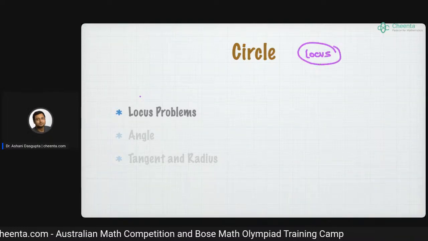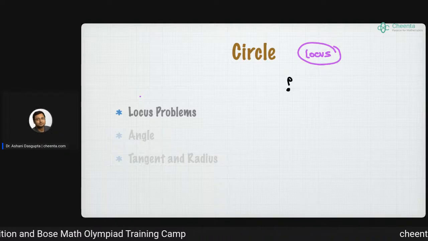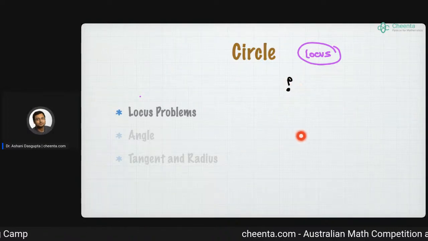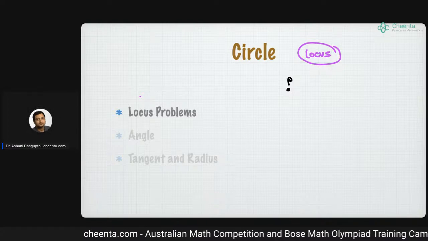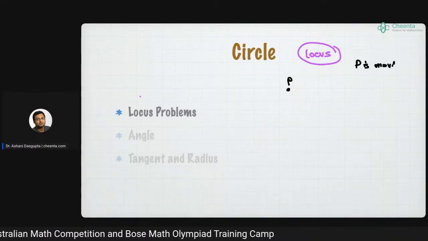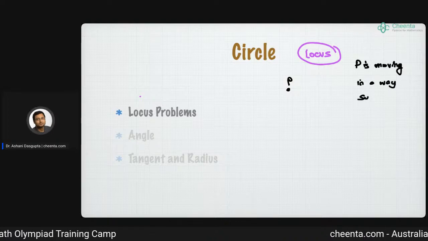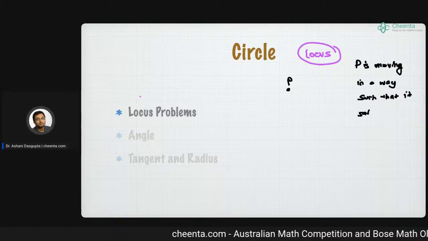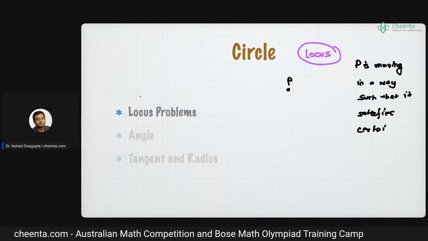So basically, if I have a point P on the plane, and the point P is moving in a way such that it satisfies certain conditions.